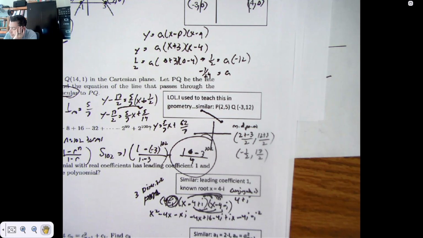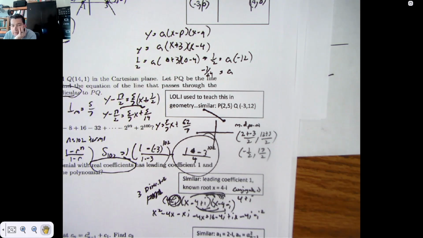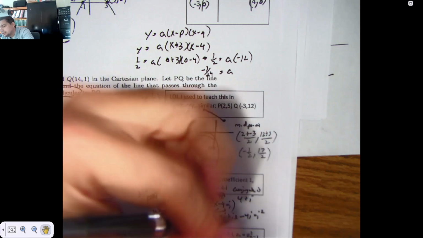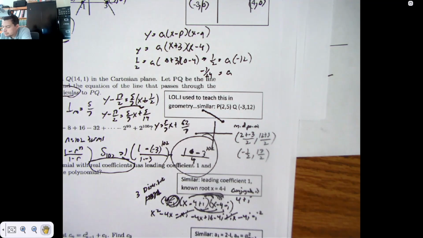I'm trying to make sure I didn't make a mistake. Paying attention to that real coefficients. All right. What do I get here? There should be some cancellations. That's gone. That's gone. That's a plus 1.